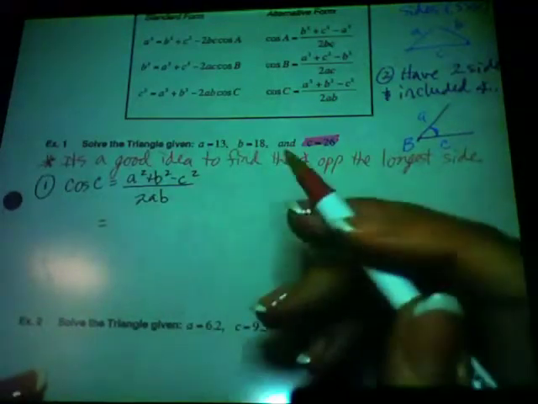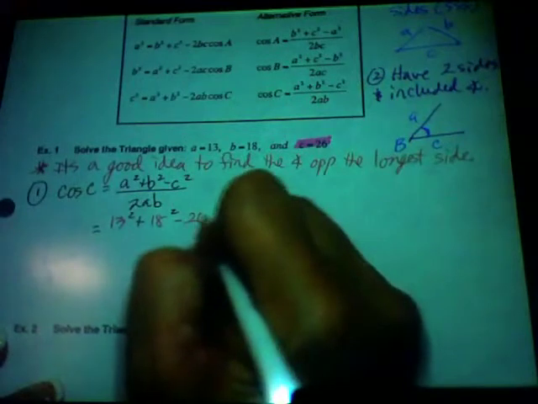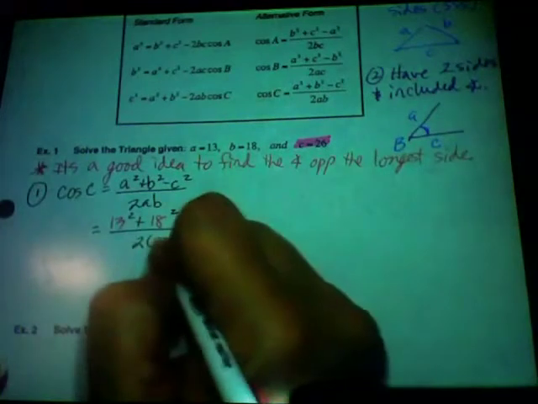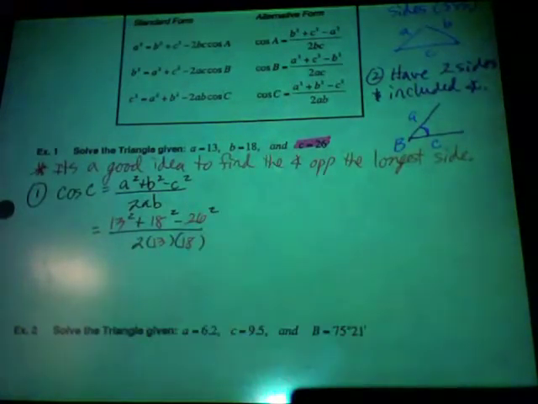I'm going to plug in 13, and then 18 for B, and then 26 for C. And then we've got 13 times 18 below along with it too. Now, can I just plug that all into my calculator?